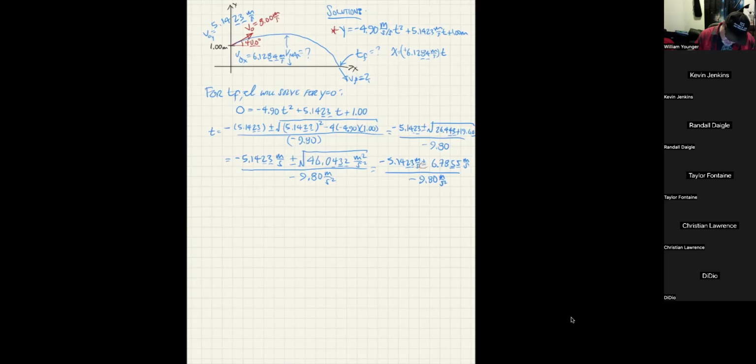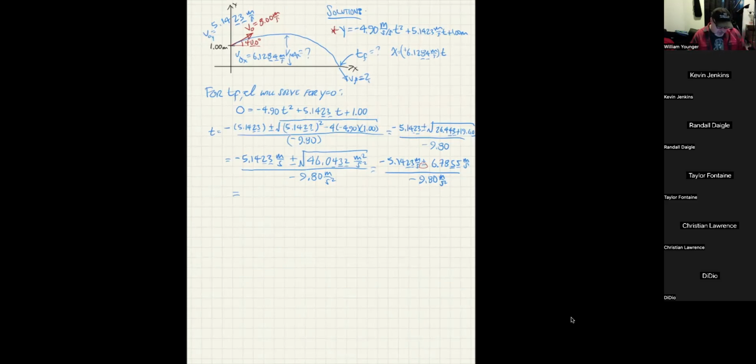I'll mention that by putting a little circle around it. Now the plus time, I'd have a negative 5 plus a positive 6 something. So clearly that's going to come out to be positive, and then dividing it by a negative number is going to give it a negative. So I really can only use the bottom number or the bottom symbol, which is minus.